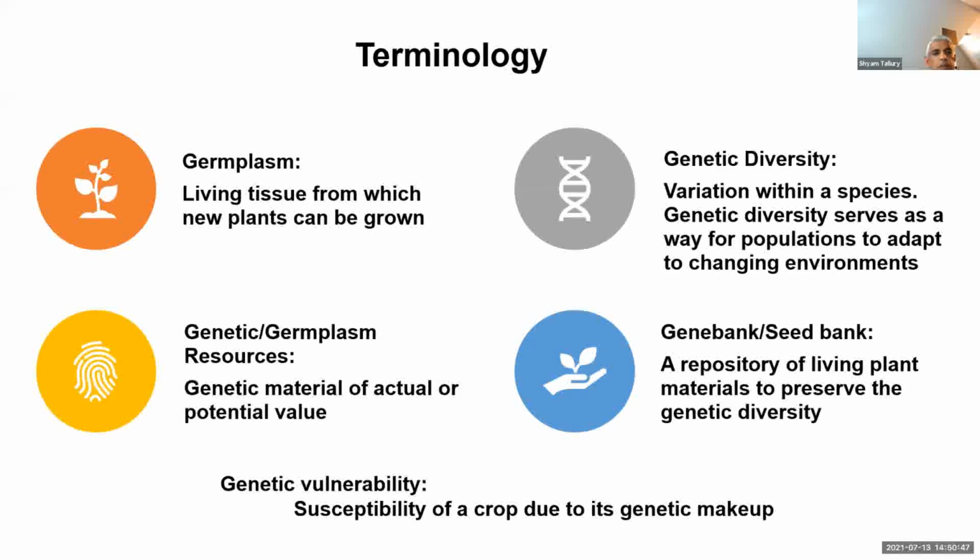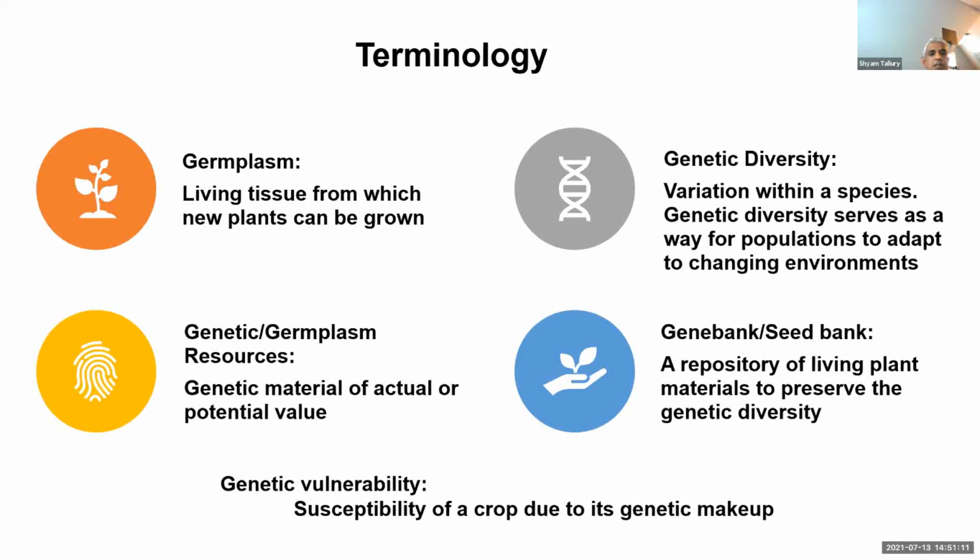Or it could be a tuber that could give rise to a new plant. And it could also be a meristem or even an embryo that you can put on an artificial nutrient medium to raise into new plants.